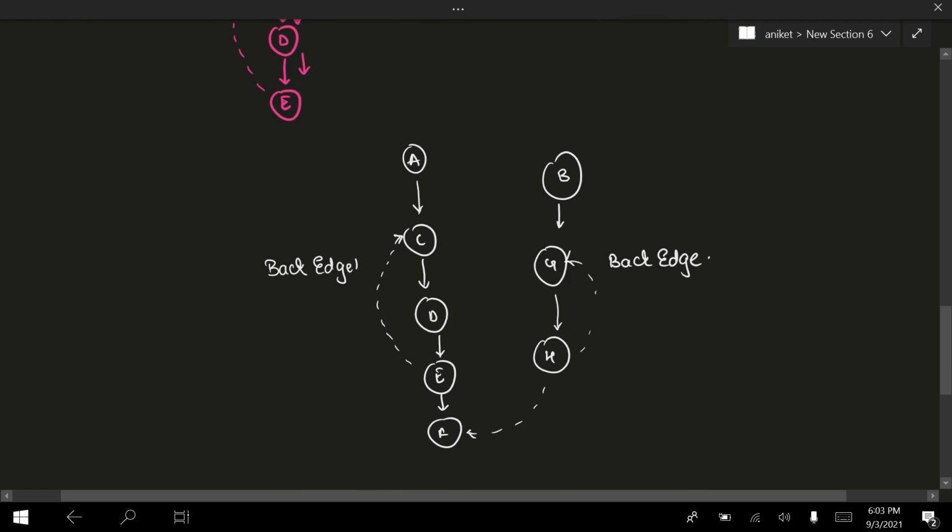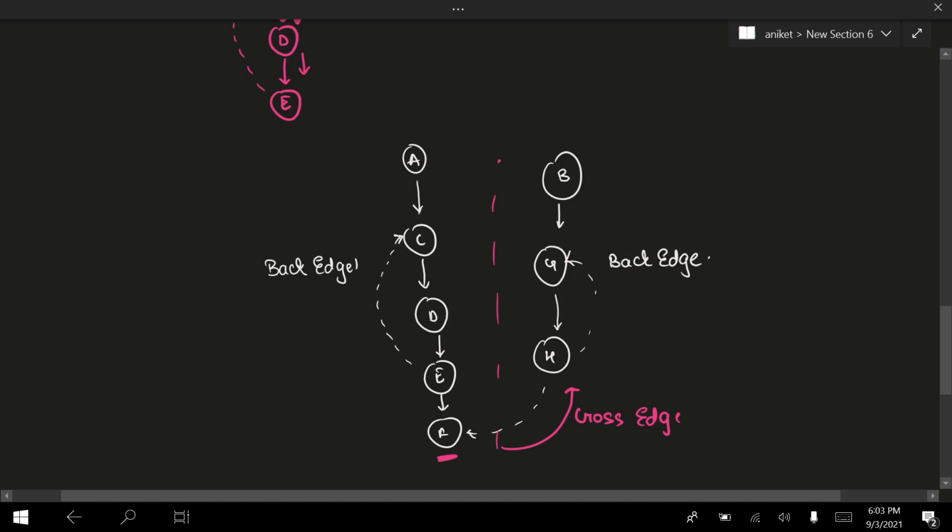As I explained in my previous example, there can be multiple cycles, and there is another thing called a cross edge. Cross edge basically means that once we start traversing from A, we move to the F part, but there is no way we can actually traverse this other part.